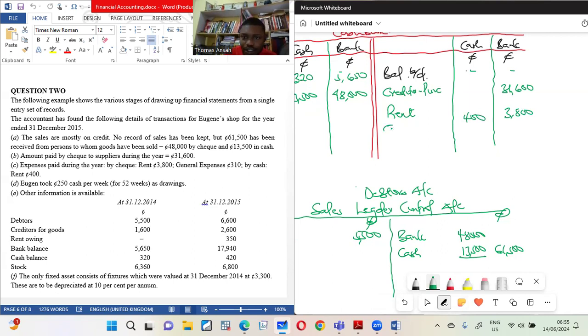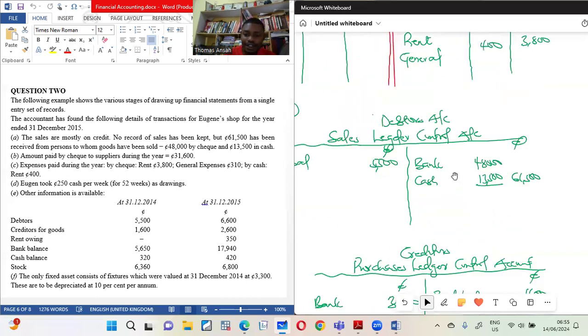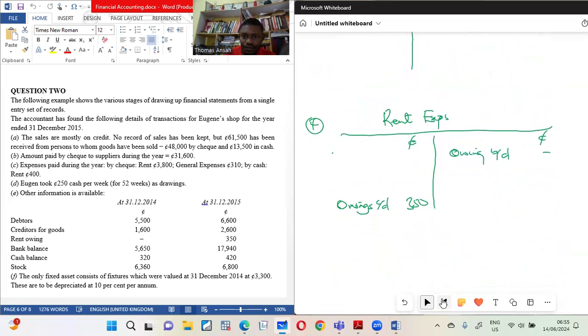Then there's general expenses. So these two rents that are on the credits, when we go to the rent account, we are going to put it inside there. So here, rents, that is going to our SPL. We have bank and we have cash.